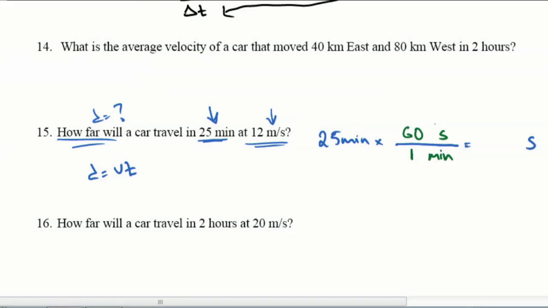We're going to use this unit cancellation type thing to figure out how many seconds are in 25 minutes. So we're going to go 25 times 60. We're going to end up with 1,500 seconds. And we have minutes canceling minutes, and we're left with seconds.